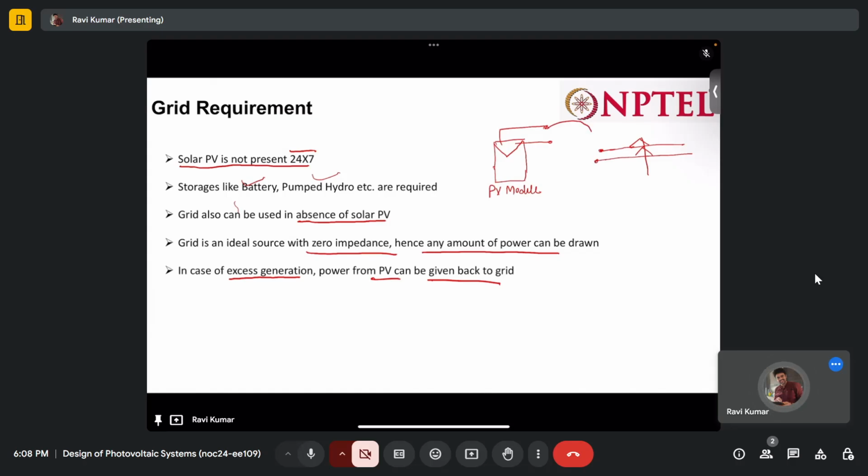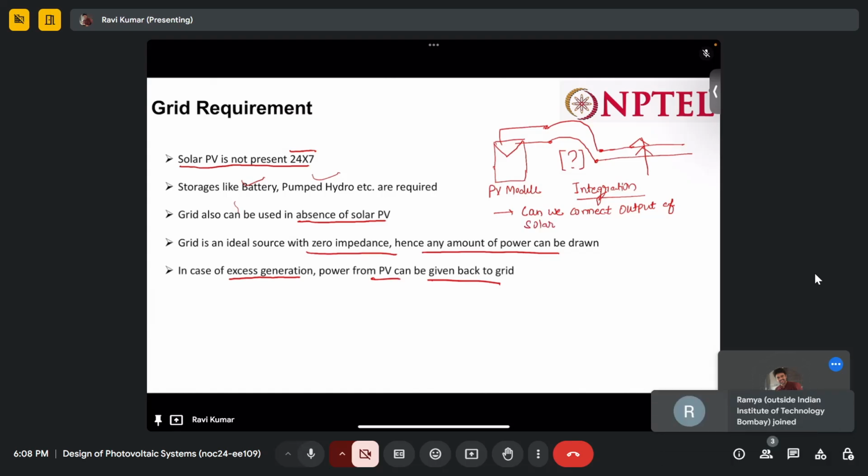Can we connect the output of solar PV directly to the grid? Here we are trying to feed power to the grid.